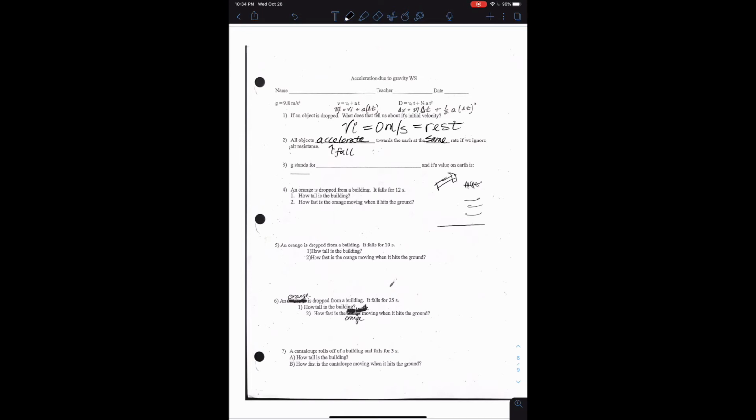G stands for the acceleration due to gravity. We'll say the acceleration on Earth due to gravity. It is not gravity itself.